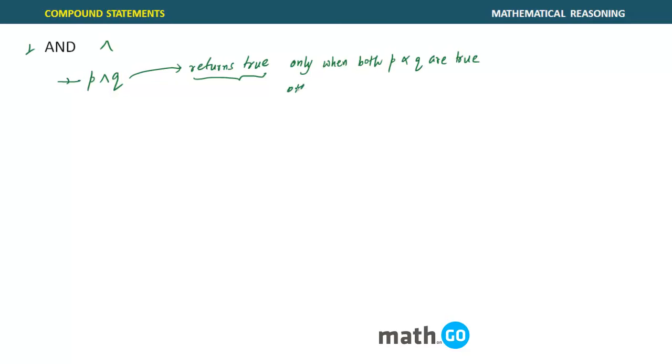Otherwise, in all cases, it does not work. It is that kind of machine. For this composite machine to work, both P and Q should work, and by work I mean true.